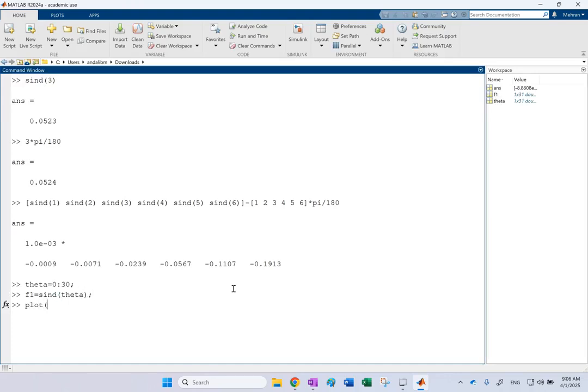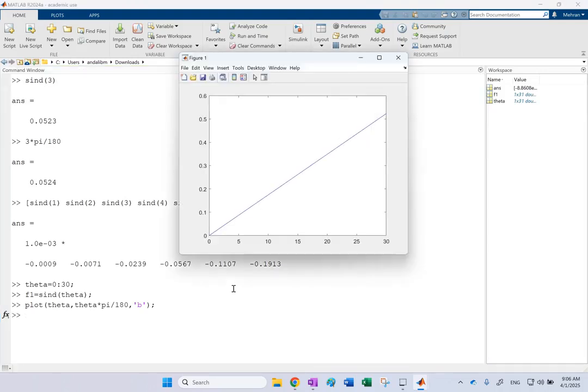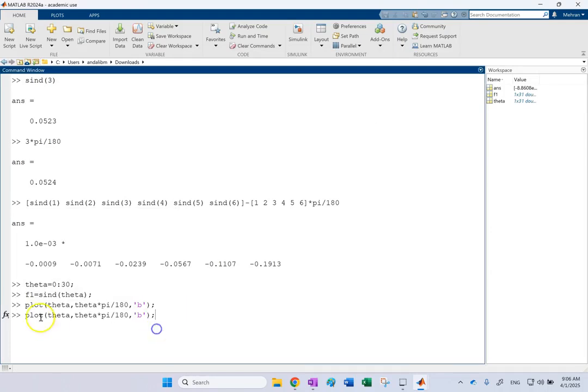And now you can say plot theta and, of course, theta, except theta times pi over 180. And let's do this in blue. So this is going to be your theta function, in radians. And then I'm going to do a hold on. And then I'm going to plot for you theta versus F1, which is sine of the function, and do this in red.